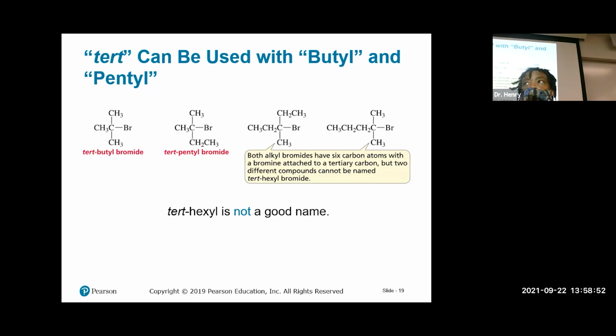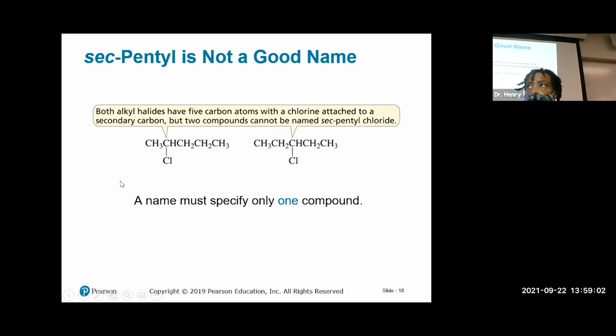So once we get past pentyl, tert no longer holds up. And in the case of the sec, same thing. Once we get past 4, this guy no longer holds up. So sec only holds up to 4. So butyl is the most that you'll see sec with.